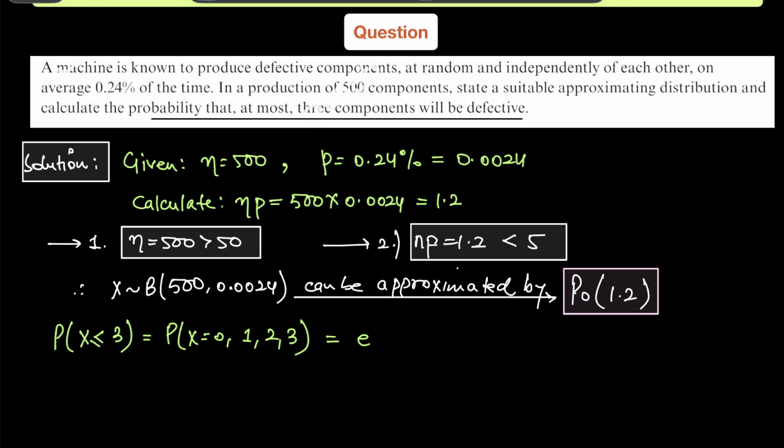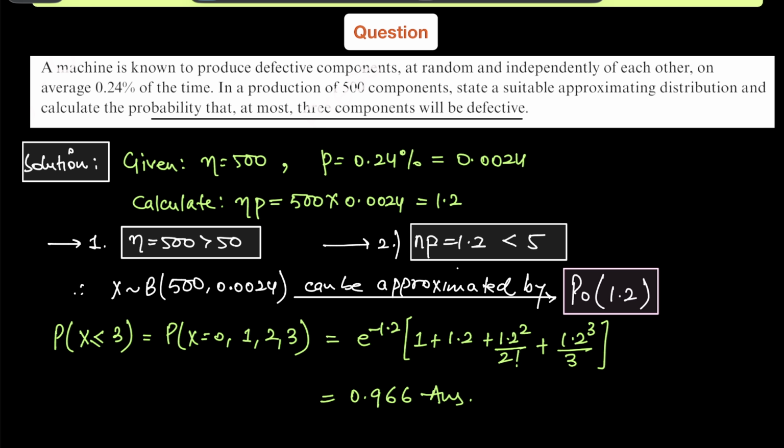We will write e raised to power minus 1.2, and then for 0 it is going to be 1, for 1 it is 1.2 itself. Then I will write 1.2 square over 2 factorial. Then I will write 1.2 raised to power 3 over 3 factorial. Let's close the brackets. Using the calculator, we get the final answer as 0.966. So this is our answer for the given question. Please pause the video and note down the solution for this question.